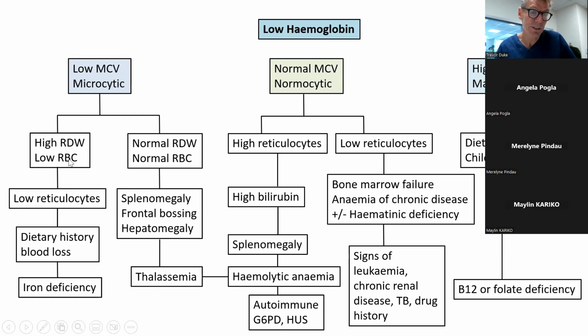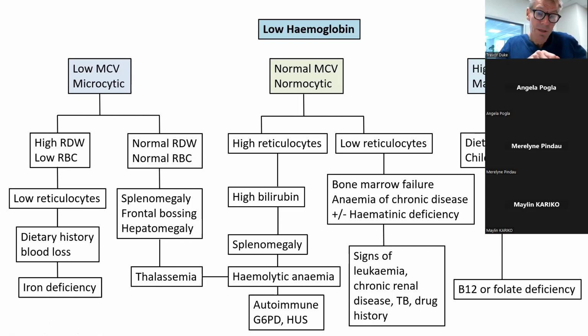But if you see a child who's got a low MCV, a high RDW and a low red blood cell count, then you can ask the laboratory to look for reticulocytes. Mostly these children with established iron deficiency and severe anemia will have a low reticulocyte count.